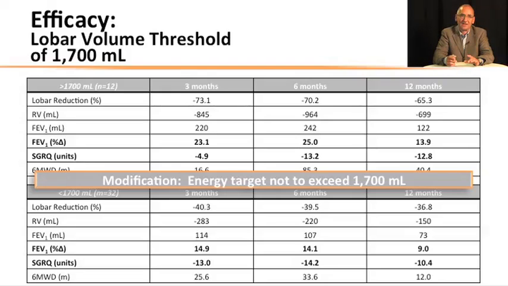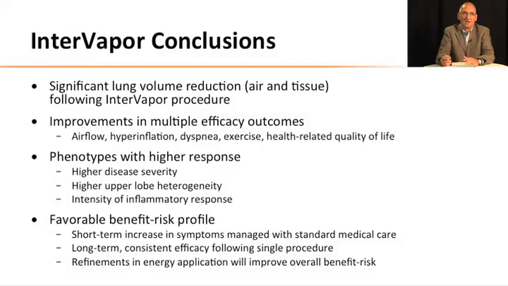And that means that at the moment, the company has changed their treatment plan in a way that the energy target should not exceed 700 milliliters, which gives you a high efficacy with a low risk of severe complications.